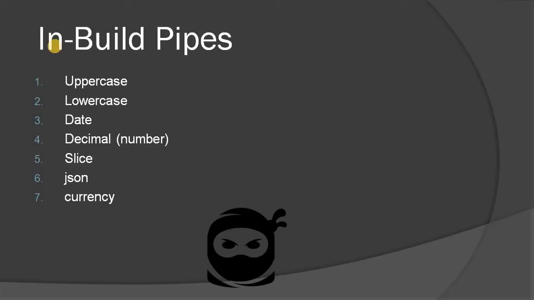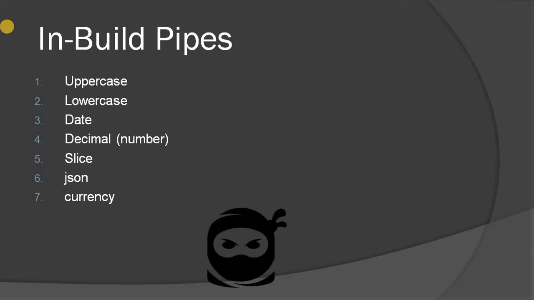There are many formats available for date transformation, so this is pretty useful. Next is the decimal pipe, which is also called the number pipe. It transforms the number into different formats, so for this we can use the number pipe or the decimal pipe.